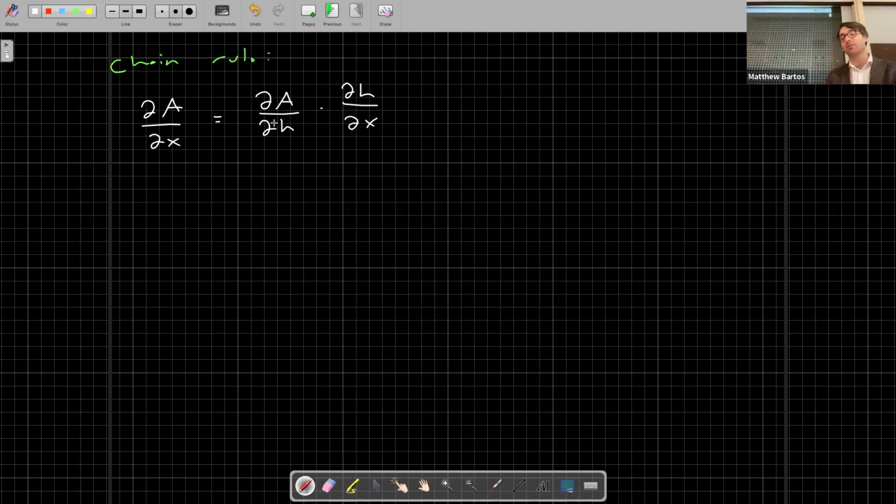So this is the change in cross-sectional area with respect to the depth times the slope of the water surface. What is this term here? It's an identity that we talked about last week or 2 weeks ago. The incremental change in the area of the cross-section with respect to the change in depth. What is that?